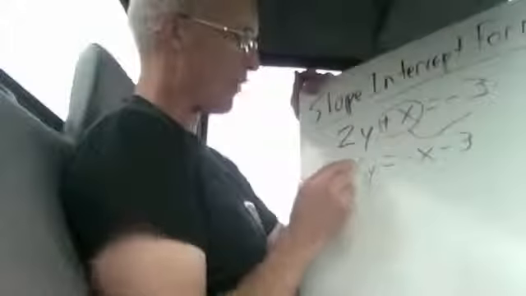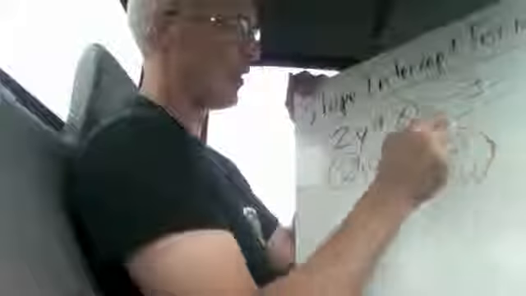Now we need y by itself, so we're going to divide everybody over here by 2. This over 2 and this over 2. This is like an assumed 1 here, so do you see that the slope is going to be negative 1/2 and the y-intercept is going to be negative 3/2? Let me rewrite it. Y equals negative 1/2 x minus 3/2.